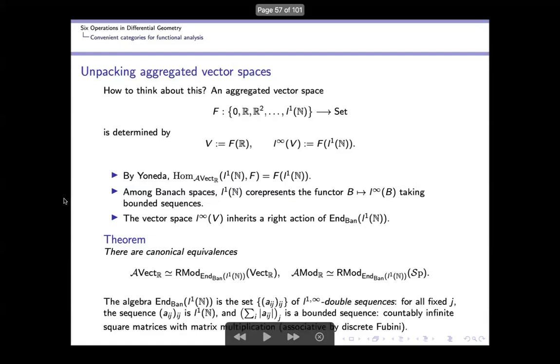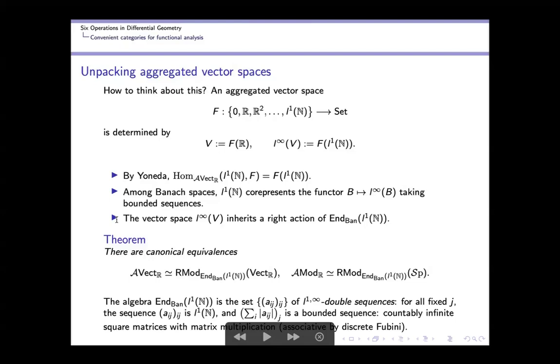This endomorphism algebra is very simple to understand. These are maps from L1 to itself, so bounded sequences in absolutely summable sequences. It is the set of infinite matrices, countably infinite square matrices, such that all of the rows are absolutely summable and the sequence of sums is bounded.